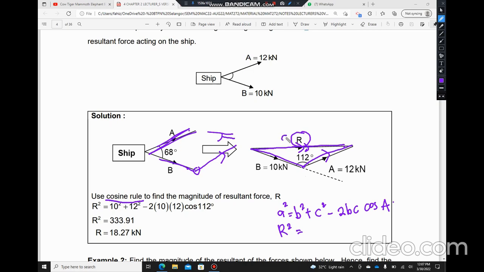Contohnya kat sini A, this one B, this one C. Okay, so B square is 10 square plus C square is 12 square. Kat sini C kan, nilai C. Okay, minus 2. So your B is 10, your C is 12. Cos A is 120 degree.